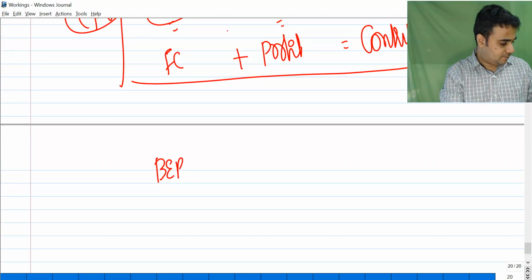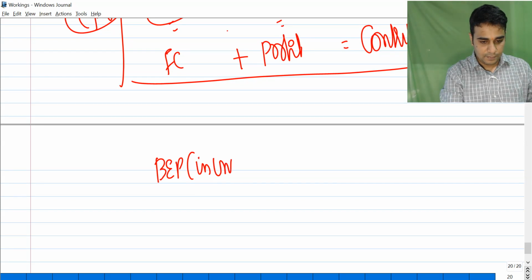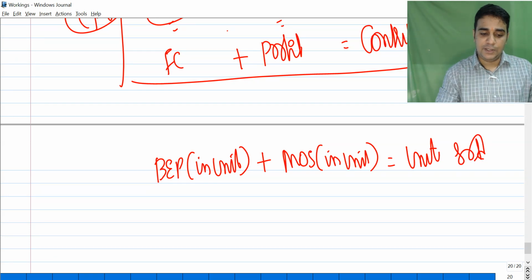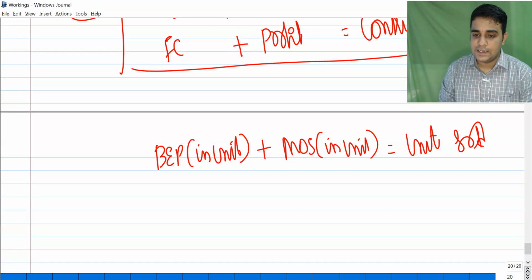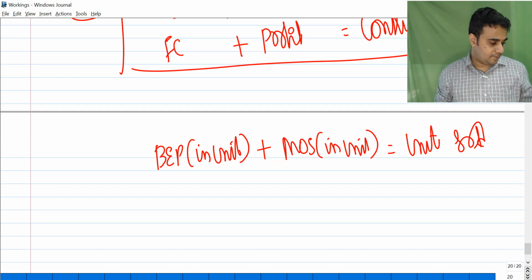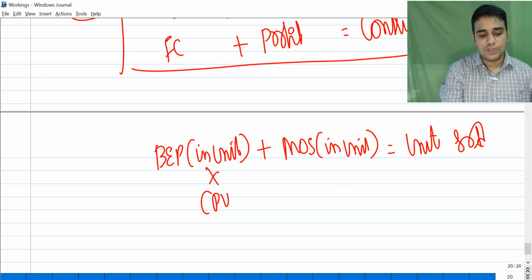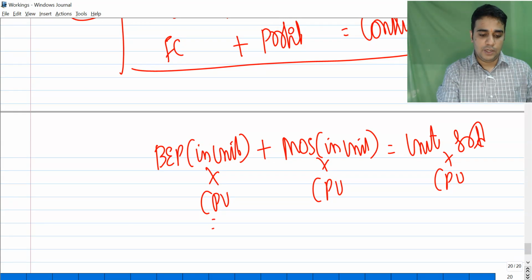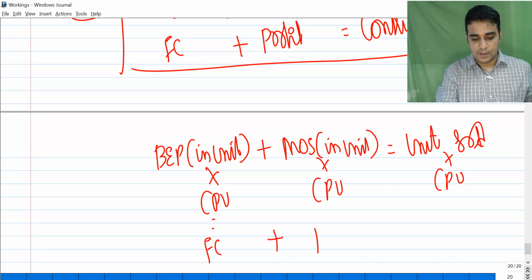BEP in units plus MOS in units is equal to units sold. Into contribution per unit, is equal to the same thing: fixed cost, profit, contribution.